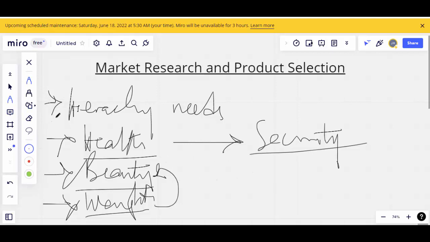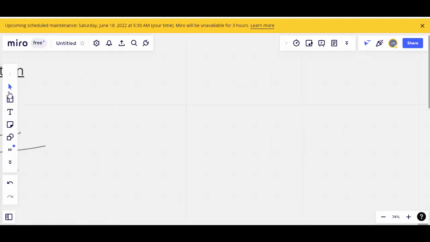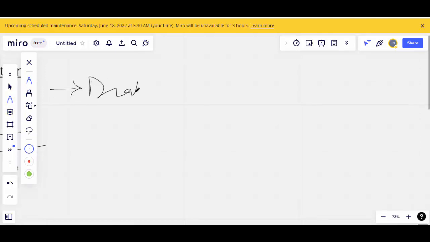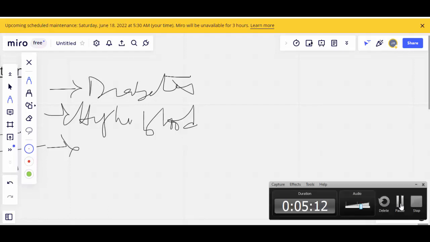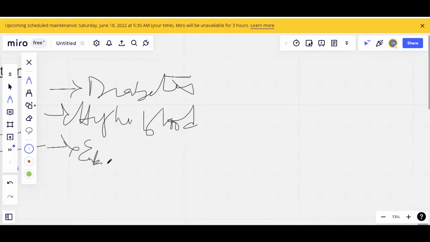So for instance, when you look into something like the health niche, you're going to find a lot of different micro niches in there. You find something like diabetes, high blood pressure, enlarged prostate, right?